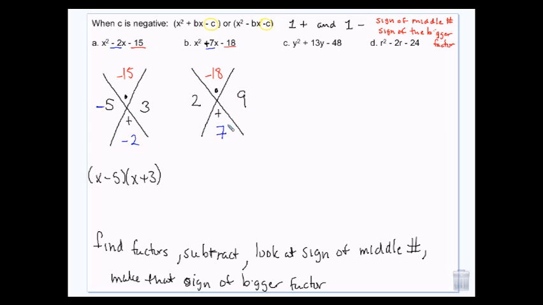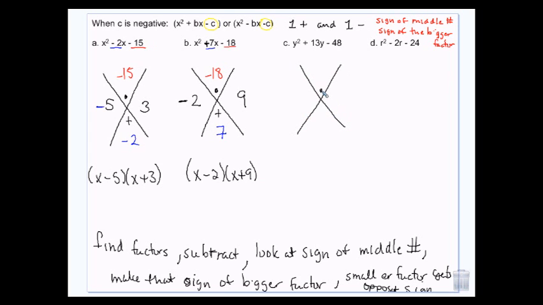So I know it's a 2 and a 9. This is positive, so I make that one negative. So the smaller factor gets the opposite sign. So this would be x minus 2 and x plus 9.